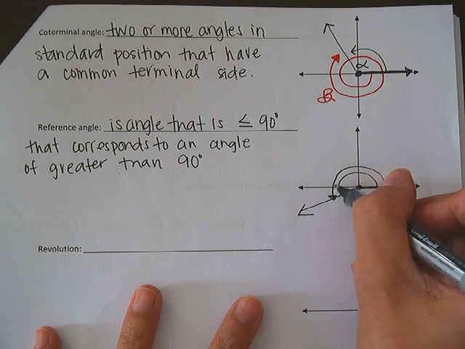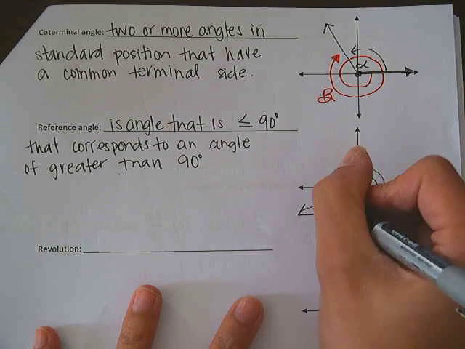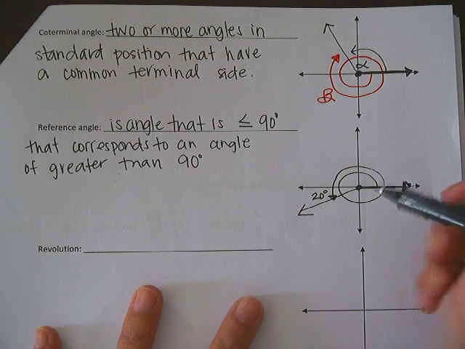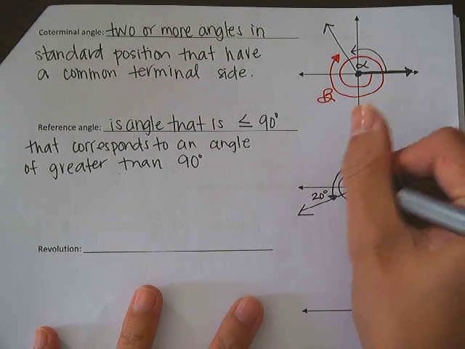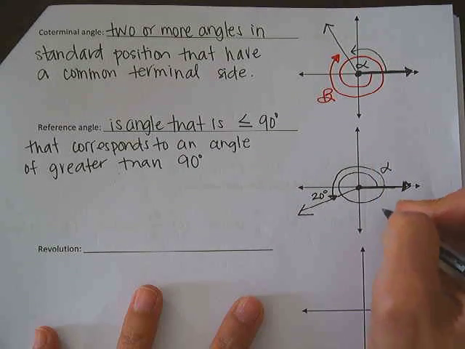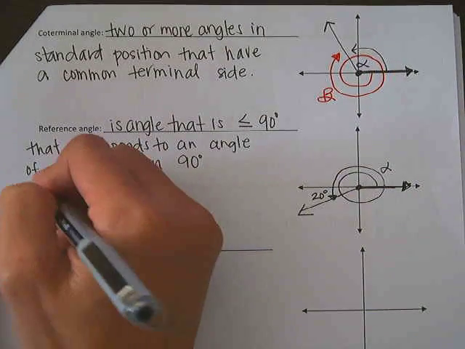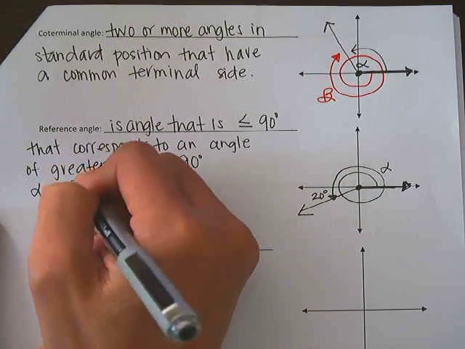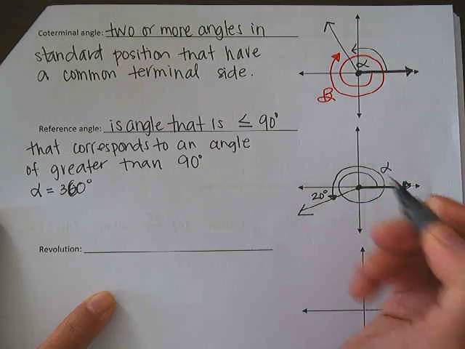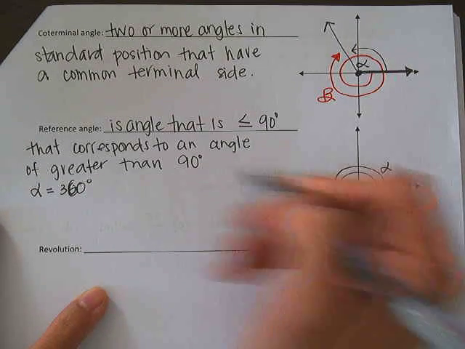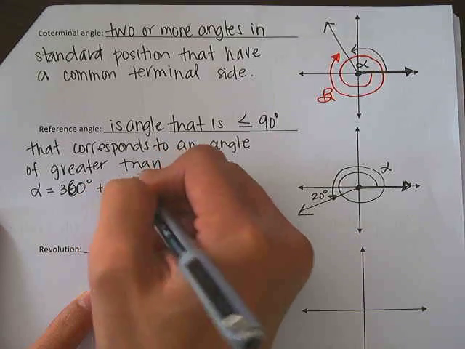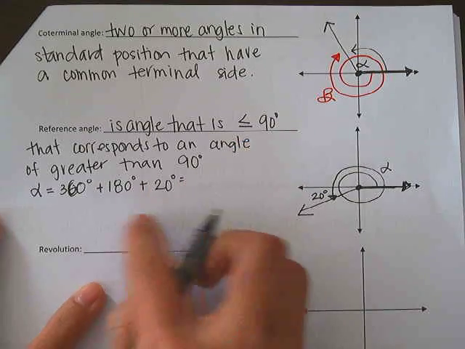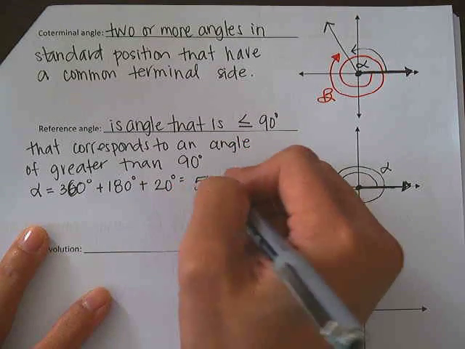And then there's this little piece, let's call it 20 degrees. Let's call this whole positive angle alpha. Currently, alpha is 360 degrees, a full revolution, plus a straight angle, 180, plus this 20 degrees. If I add that up, that's 560 degrees.